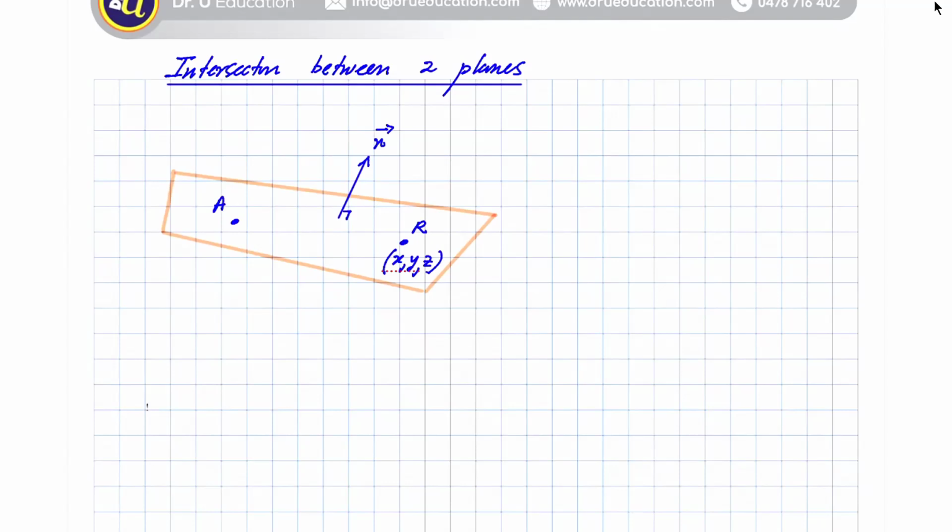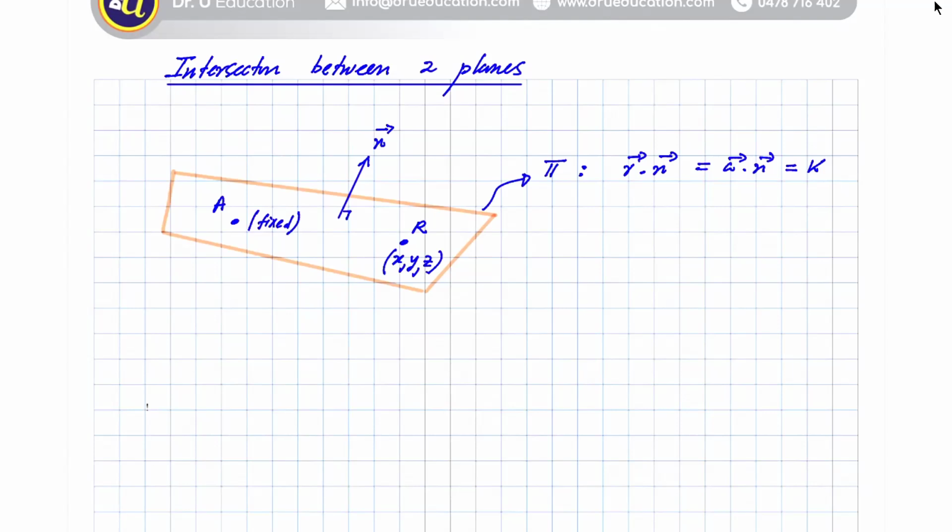So this is a fixed point. So we define our plane by using this R dot n equals A dot n. This A dot n we wrote as k. Now this is called the vector equation of the plane.